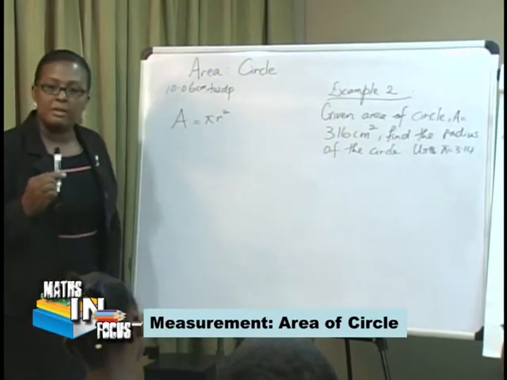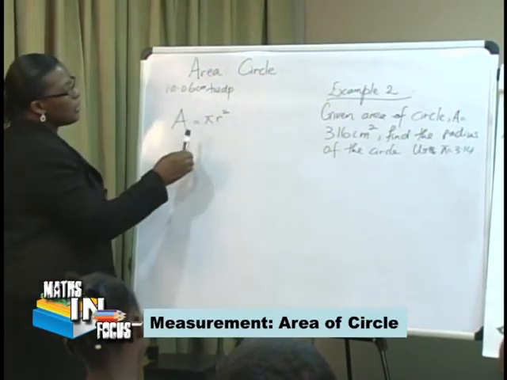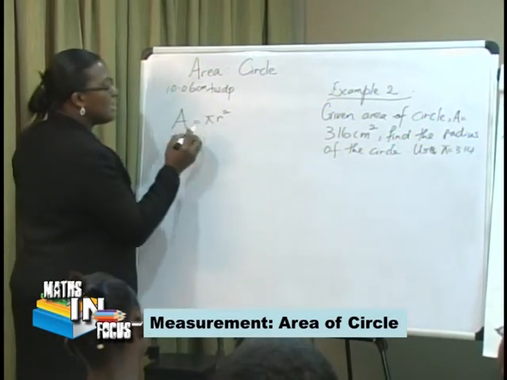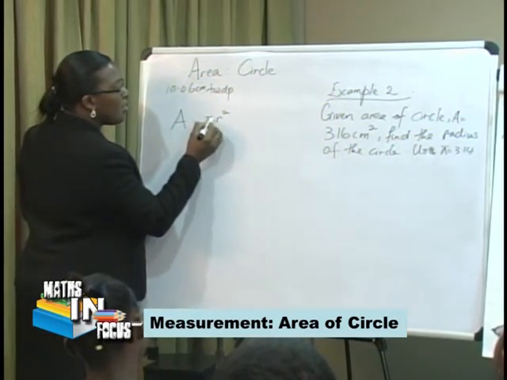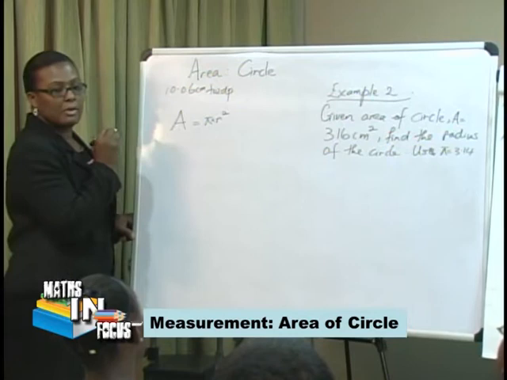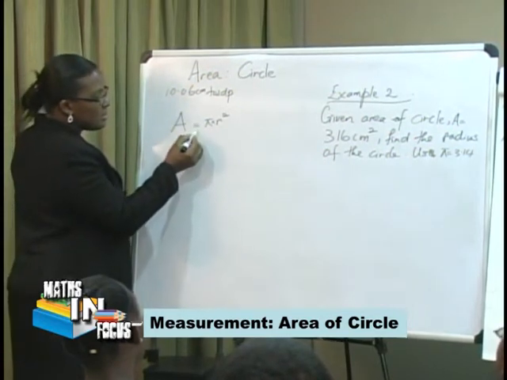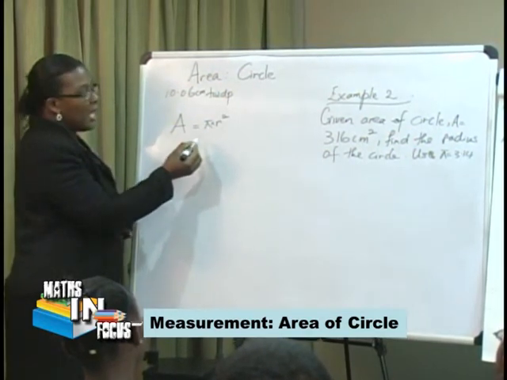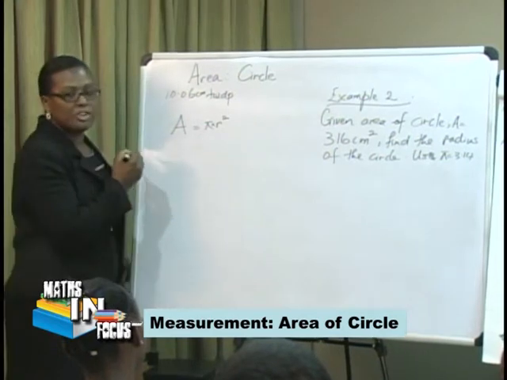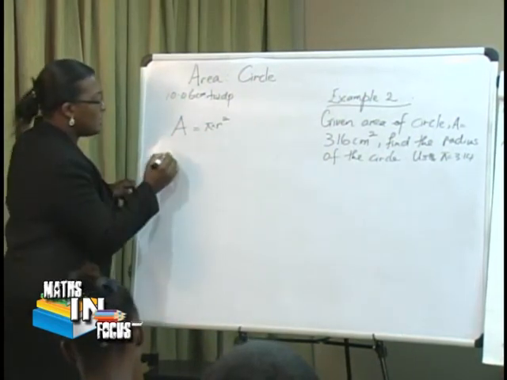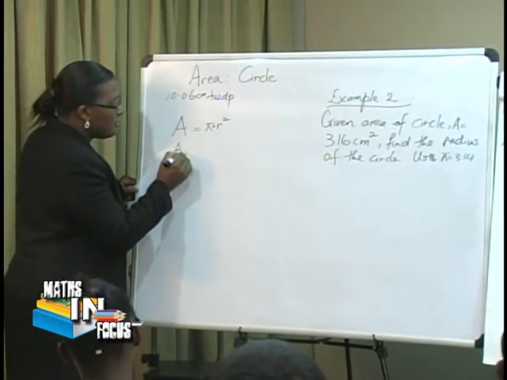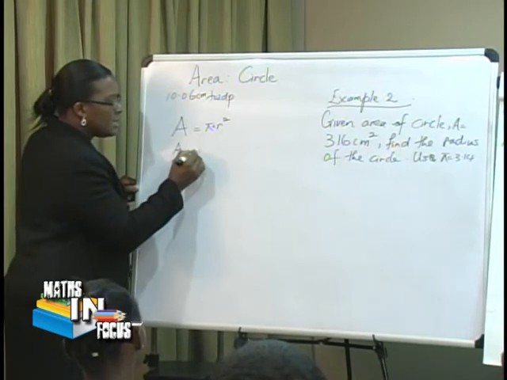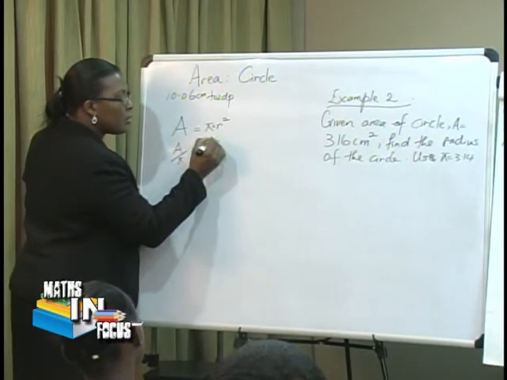We want r to be the subject. So we're going to move pi first. Pi is connected to r by multiplication. We're going to move it across this bridge of equality, and we're going to do the inverse of multiplication, which is division. So the area divided by pi is equal to r squared.